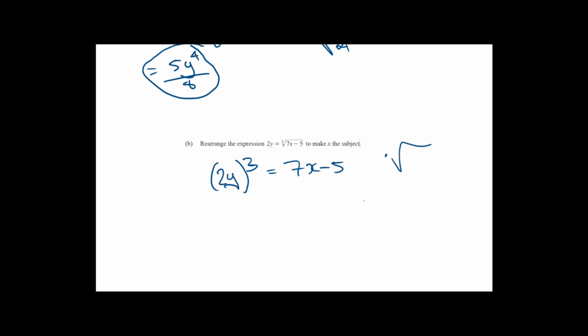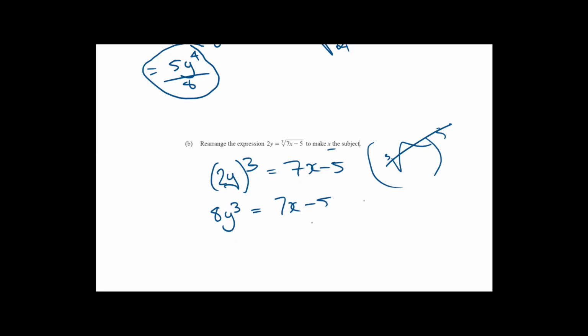Remember, when we have something which is cube root and we cube it, they cancel each other out. So 2y to the power of 3 is going to be 8y cubed, and that's going to be equal to 7x minus 5. And what are they wanting us to do? They're wanting to rearrange to make x the subject.